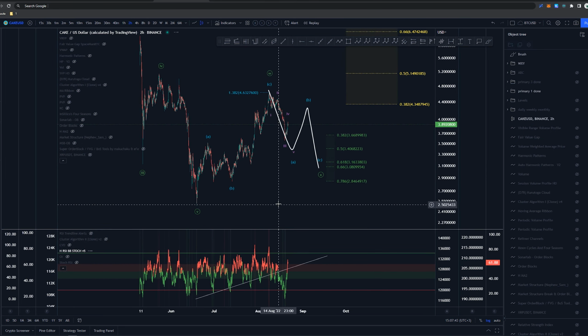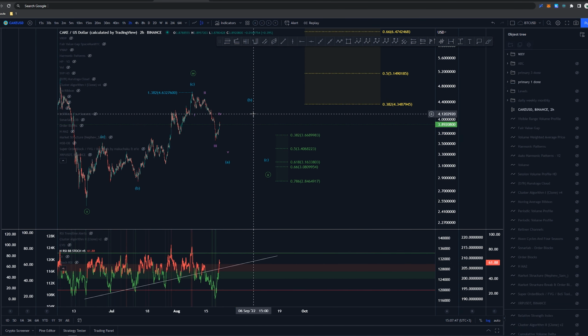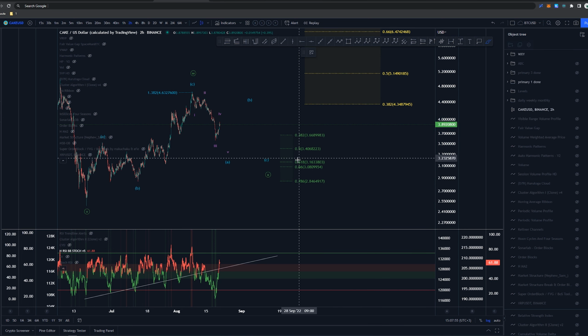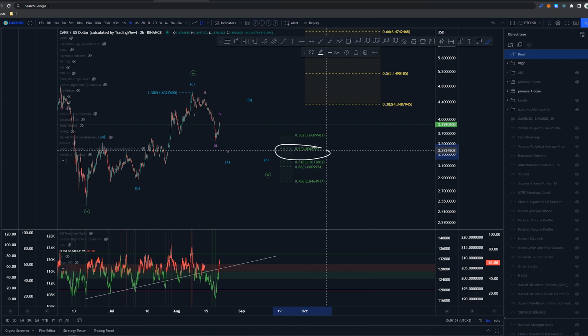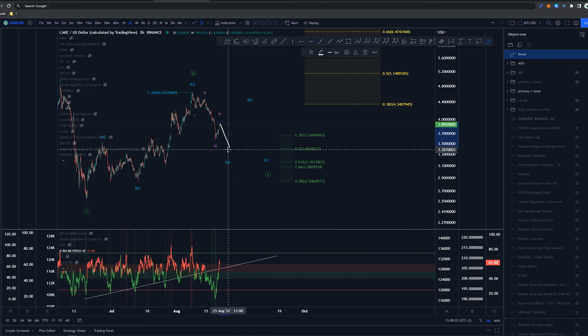Now, depending on how high the wave B here goes, only then can we project the wave C targets here. The wave X retracements we have here already in place, and these are general targets again, 0.5 and 0.618, but again, generally we are still looking for one more low for this A wave, so that is most likely going to go back to the 0.5 or around that area.